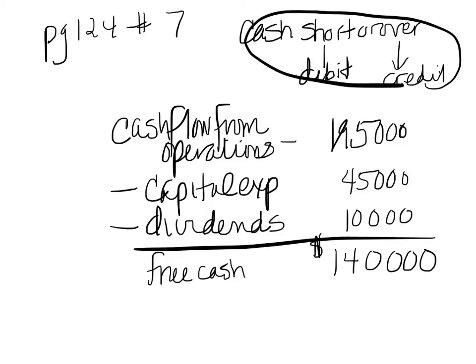In addition, you never go back to the petty cash fund unless you're going to increase or decrease it permanently. Also, when we look at cash equivalents, common stock is never included.